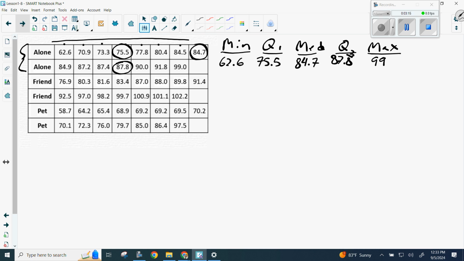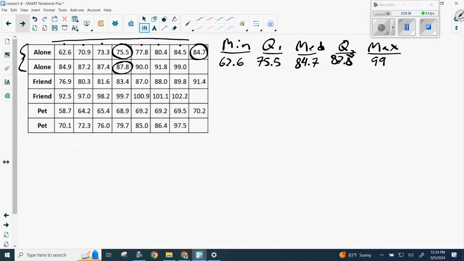Now, in order to find out if this distribution has any outliers, what I need to do is first find 1.5 times my interquartile range. I'm going to subtract it from quartile 1 and see if there's anything lower than that, and then I'm going to add it to quartile 3 to see if there's anything above that.